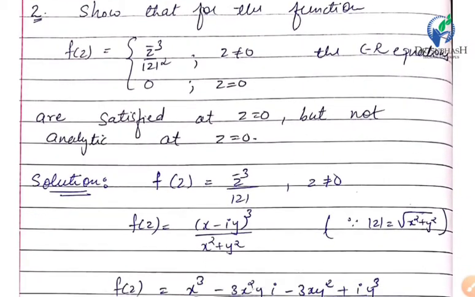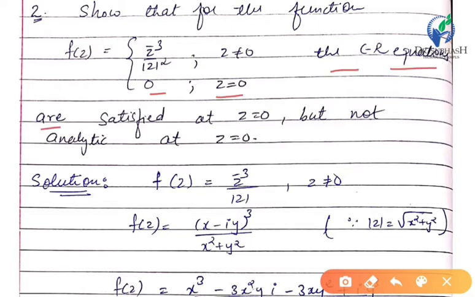Okay, now let us see one more question. Show that for the function f(z) = (z bar)^3 / |z|^2 for z not equal to 0 and is 0 for z = 0, the CR equations are satisfied at z = 0 but not analytic at z = 0.